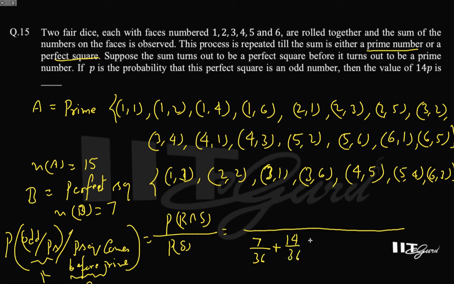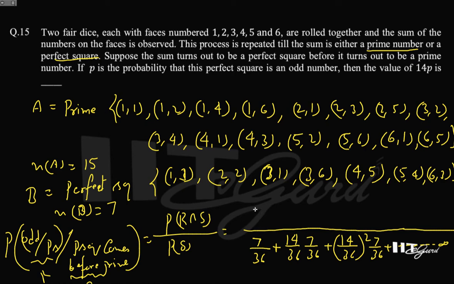Then they get the perfect square in another chance, that is 7 by 36. In this way the process repeats: they don't get a perfect square or prime twice, 14 by 36 each, and then once again they get a perfect square, 7 by 36. The process repeats up to infinity until this comes. It is written over here: the process is repeated till the sum is either a prime number or a perfect square.